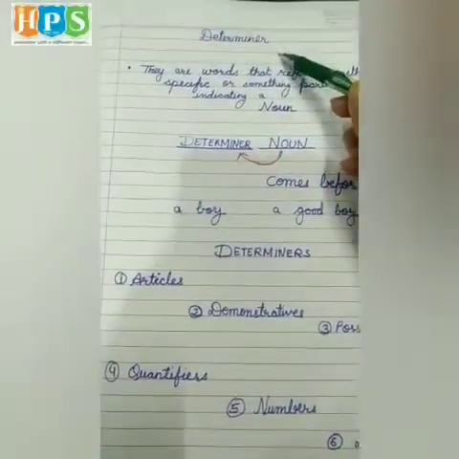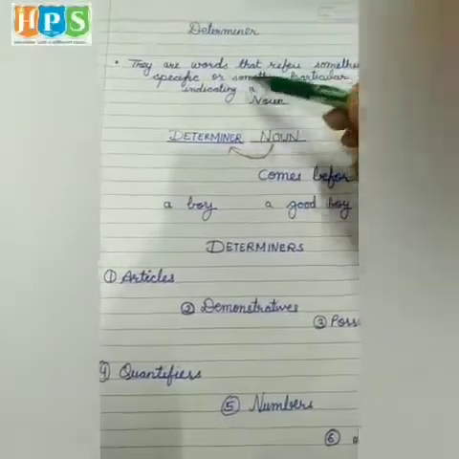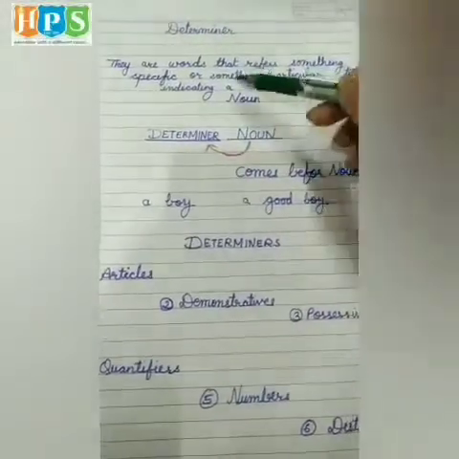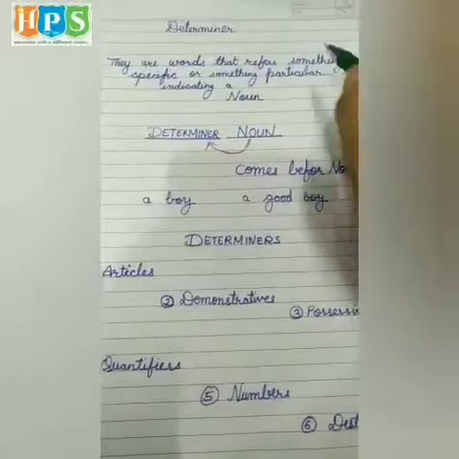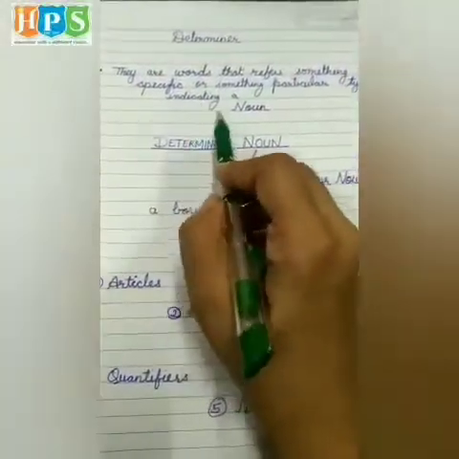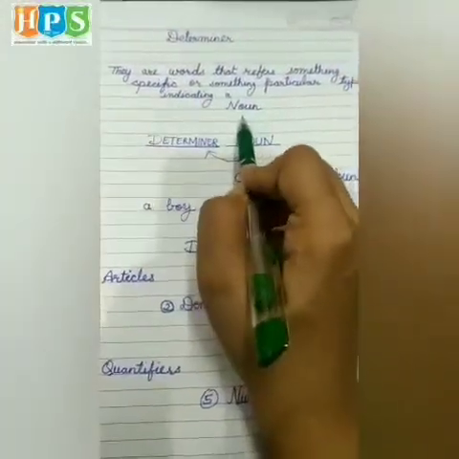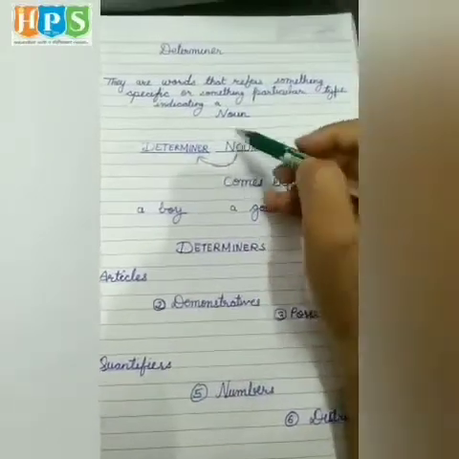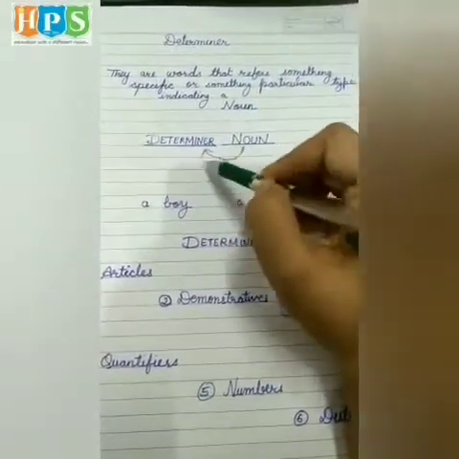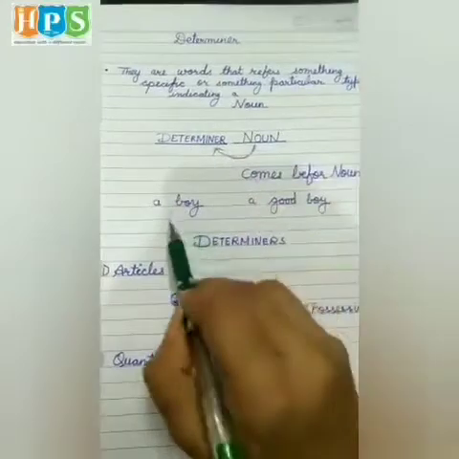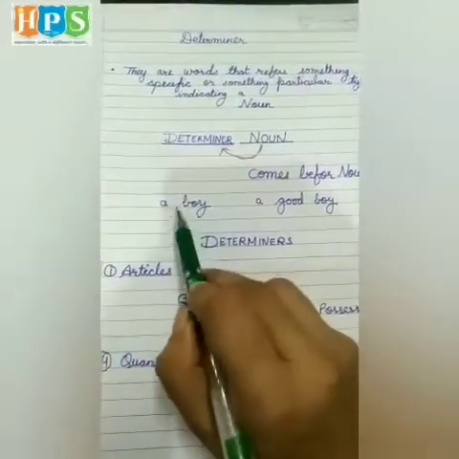So what is a determiner? Determiners are generally words that refer to something specific or of a particular type, always indicating a noun. So a determiner always comes before a noun. They are words like, for example, a boy.